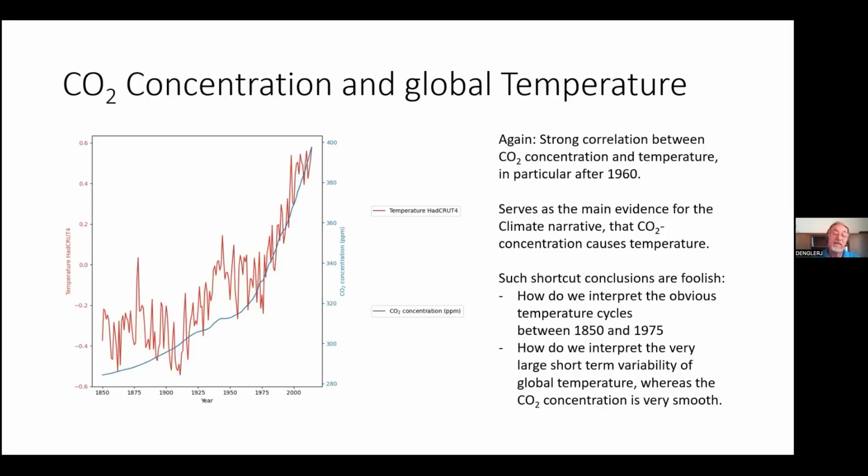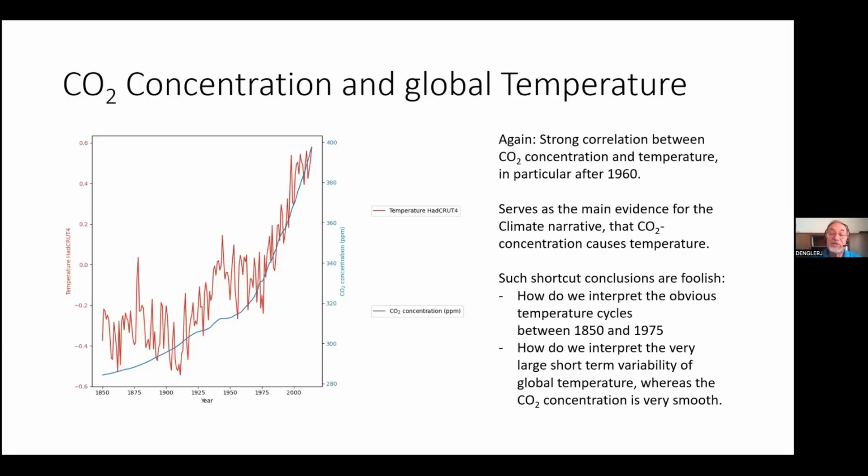And as most of this community know, this picture serves as the main evidence for the climate narrative, meaning that CO2 concentration apparently causes temperature. But such shortcut conclusions, I would say, are foolish.